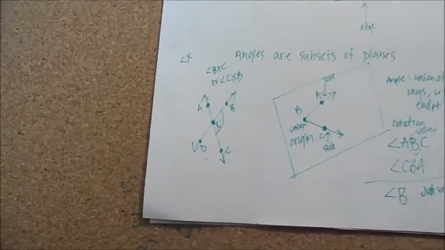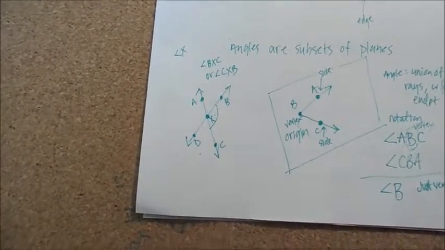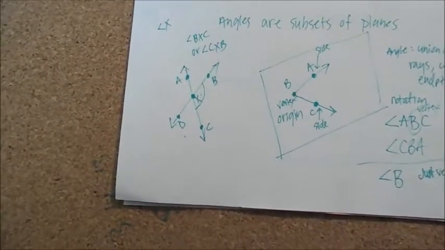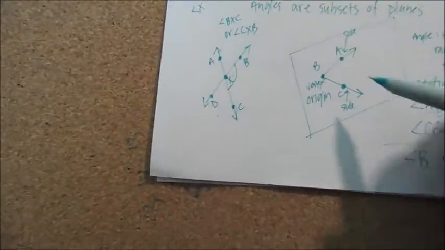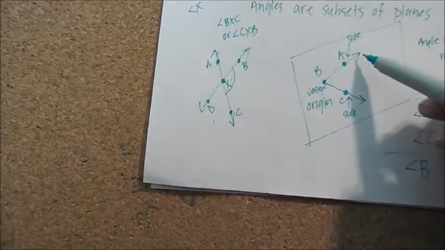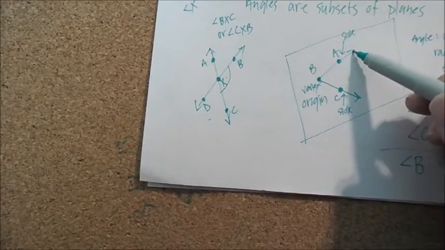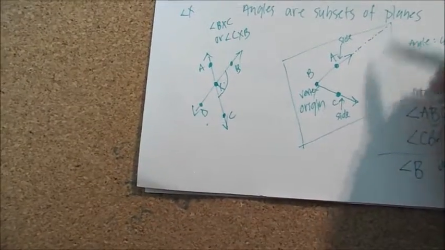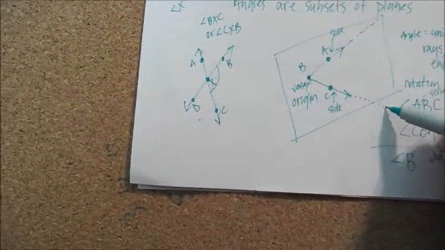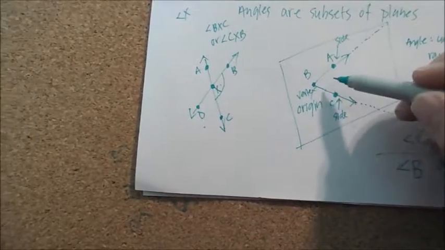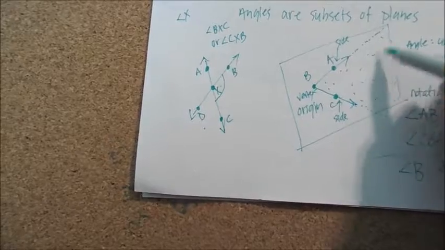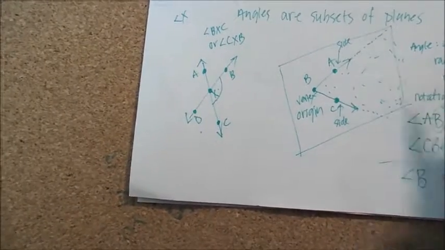The next thing that we'll talk about is interior of an angle and exterior of an angle. It's just like it sounds. Interior is the inside of the angle. So you have to imagine, every time a ray isn't shown going to infinity, you have to picture it going to infinity. And so any point that is inside of here, just by the picture, I think you'd know what it means.